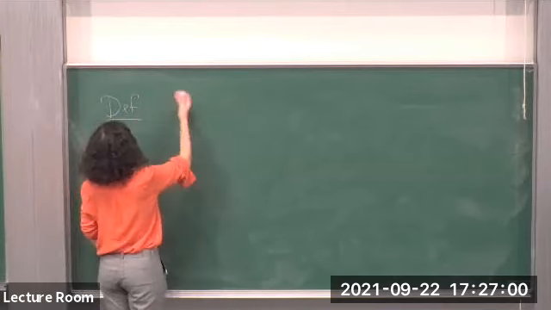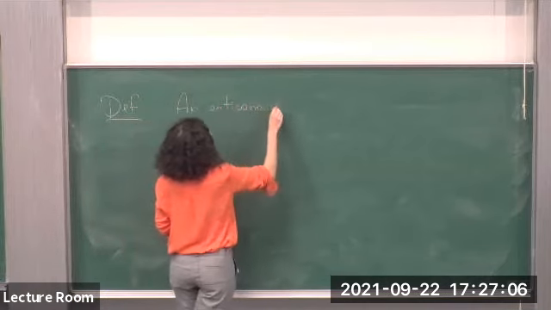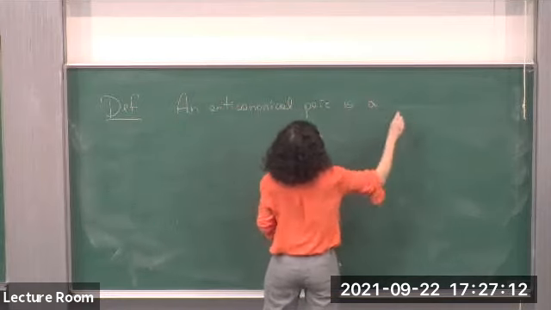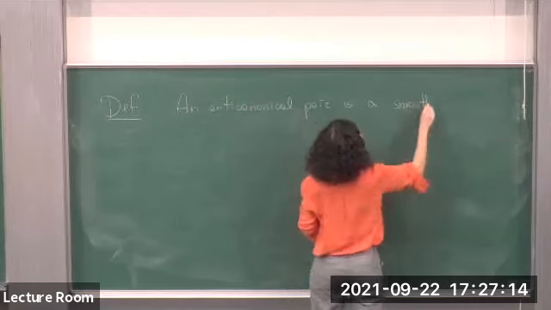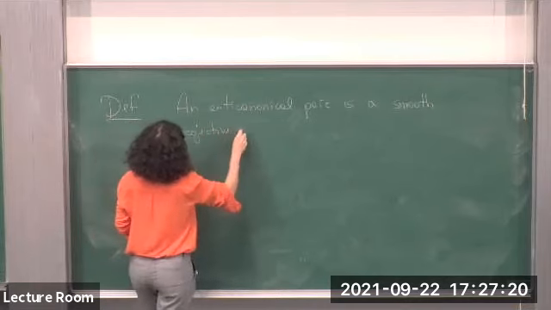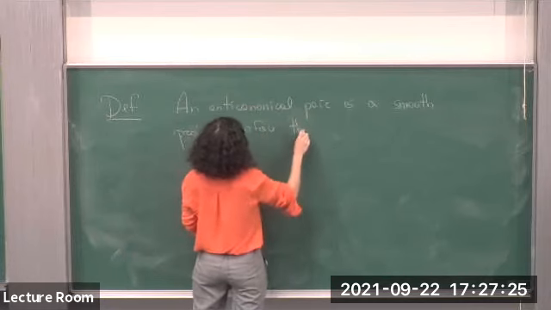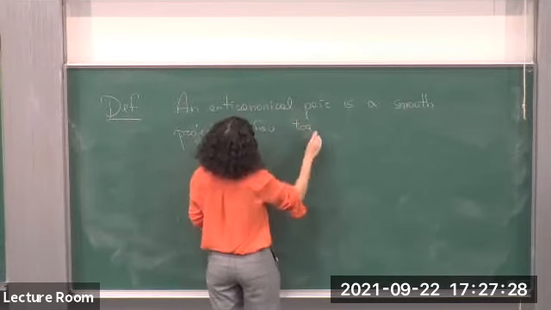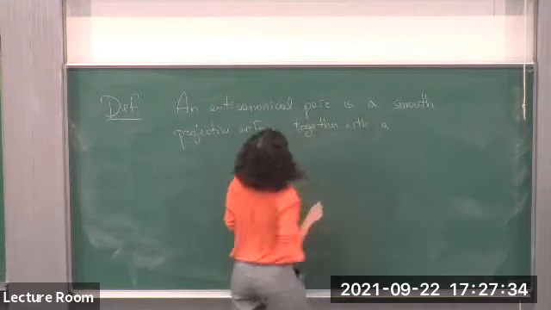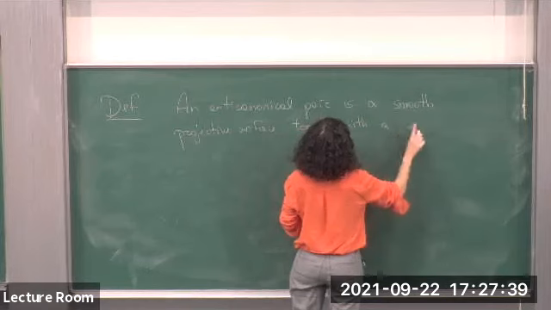An anti-canonical pair is a smooth projective surface together with, let's say, an anti-canonical divisor.